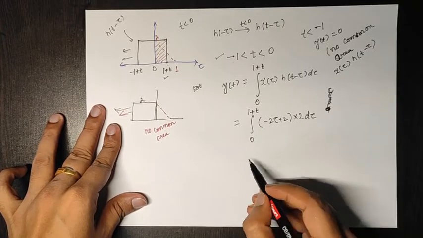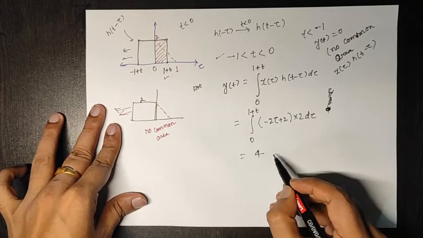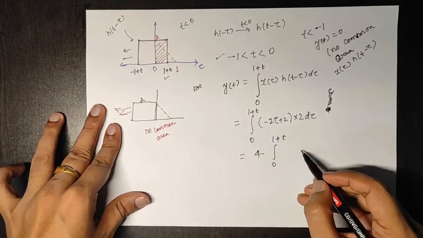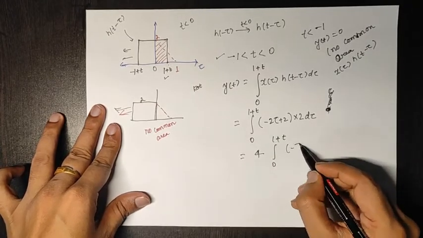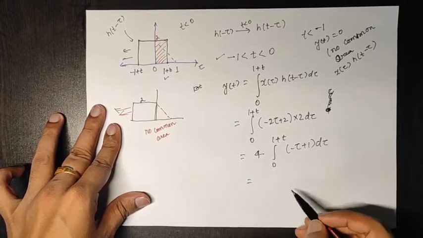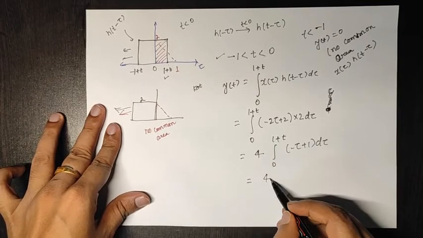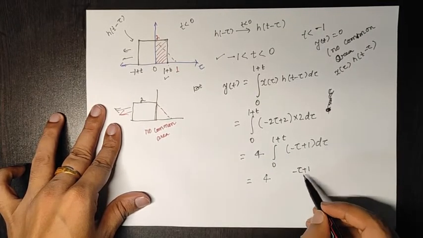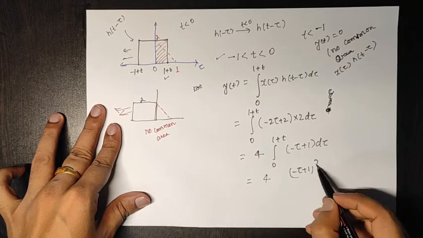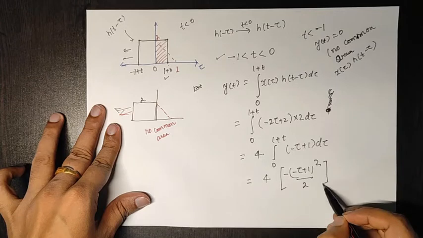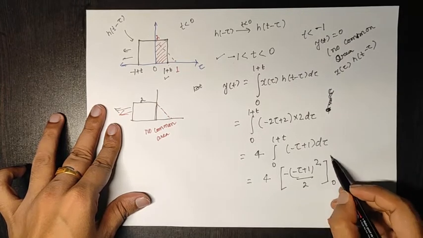Taking 2 outside, 4 times the integral from 0 to 1 plus t of minus tau plus 1 d tau. Doing the integration, we'll get 4 times minus tau plus 1 whole square by 2, with a minus sign, from 0 to 1 plus t.